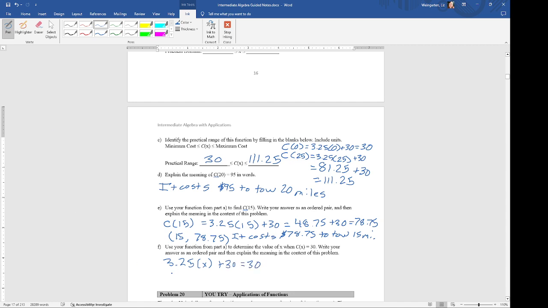Subtract 30 from both sides. 3.25x equals 0. Divide both sides by 3.25 and we get x equals 0. So it costs $30 to tow 0 miles. As an ordered pair, this is going to be 0, 30.